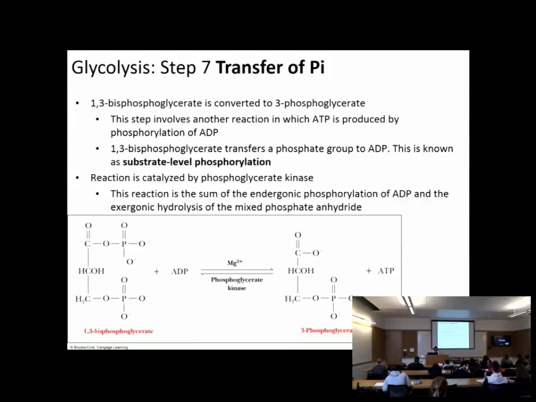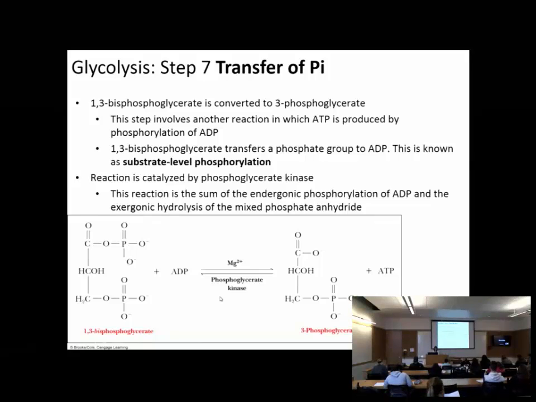I want to mention something else. This enzyme, which I won't require you to memorize, is phosphoglycerate kinase. Did you hear the word kinase before in any of the other important enzymes? Hexokinase. And what reaction did that catalyze? Putting the phosphate onto glucose, right?